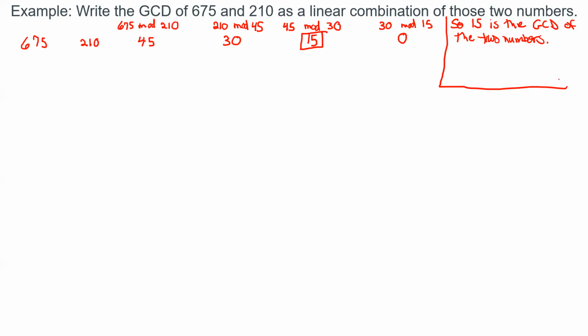But the next thing we need to do is be able to write 15 as a linear combination of those two numbers. So I'll say next, we need to write 15 as a linear combination of those two original numbers, 675 and 210.